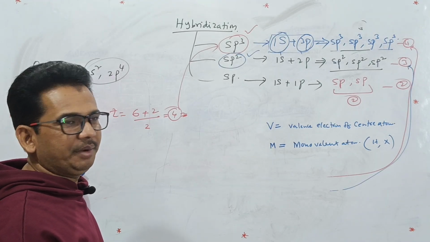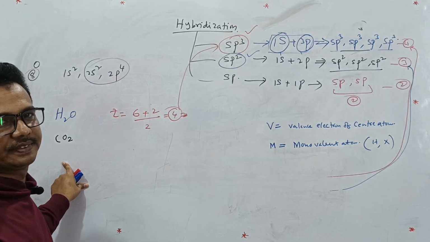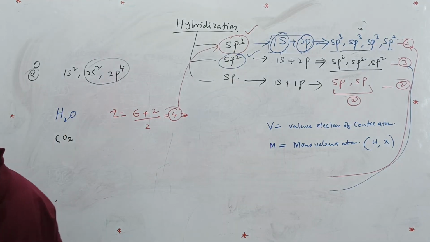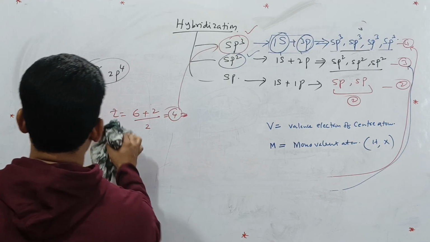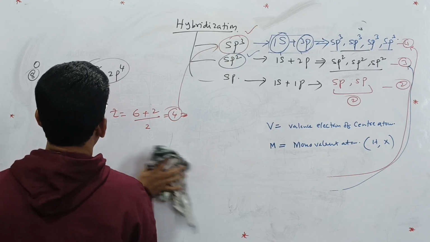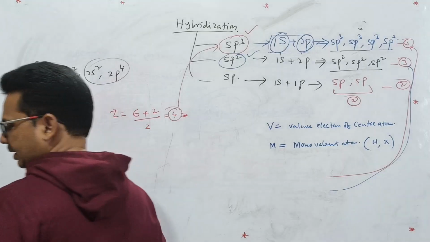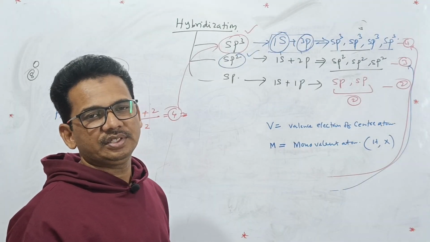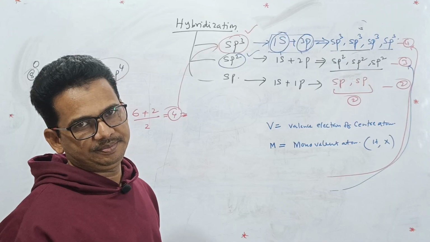I hope you understood this. Understood or not? Okay, just take it down. Just calculate like that, then you will get the type of hybridization they have.